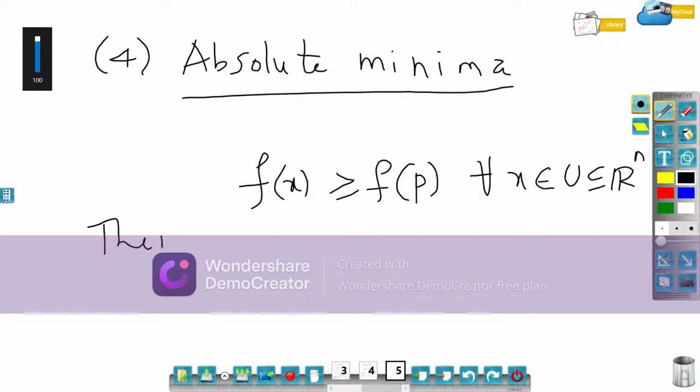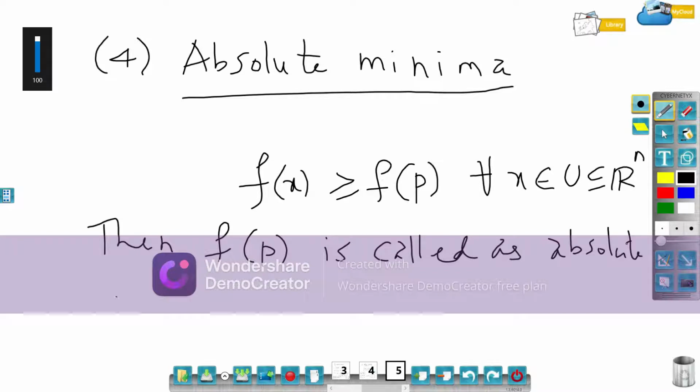Then f of p is called the absolute minima of f, the absolute minimum value of f.